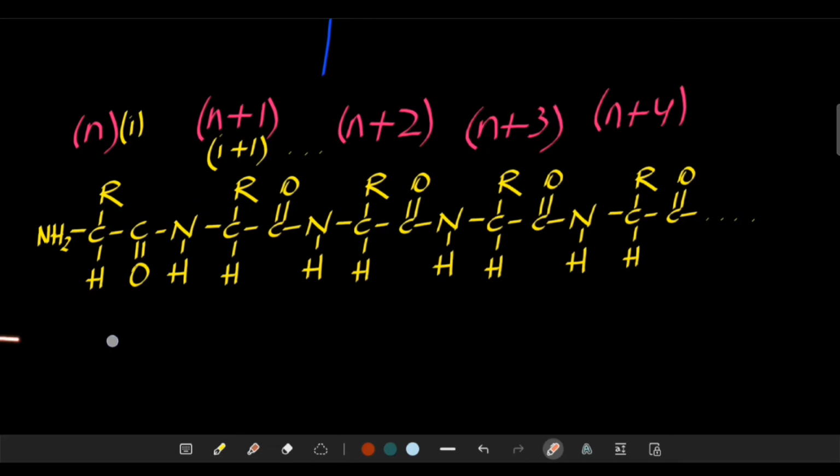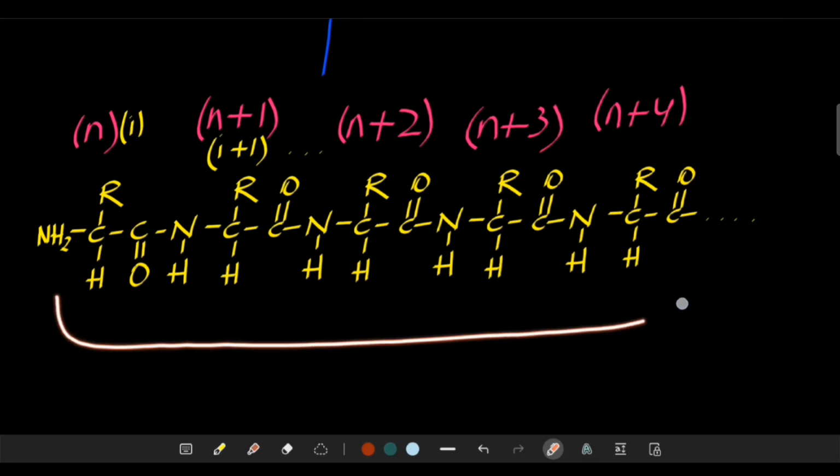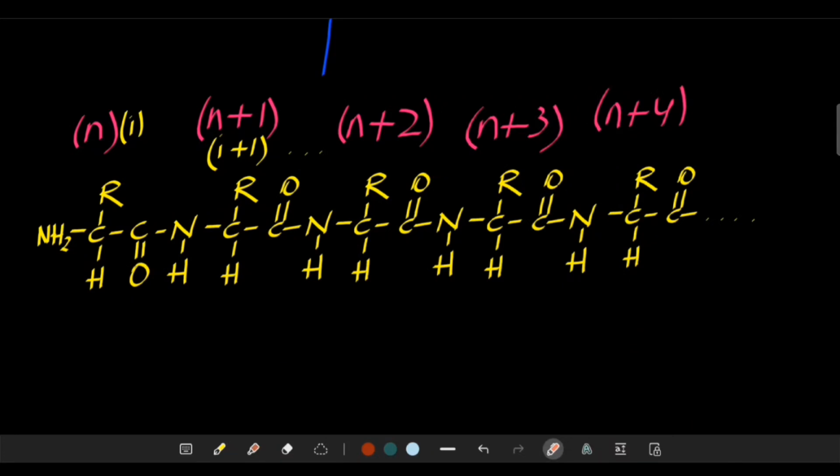Now this is actually a primary structure, but in secondary structure what happens is there is formation of hydrogen bonds as well. So when a hydrogen bond is formed between two atoms, the structure from a linear structure now starts to form a helical structure. So I'm just going to write it down.